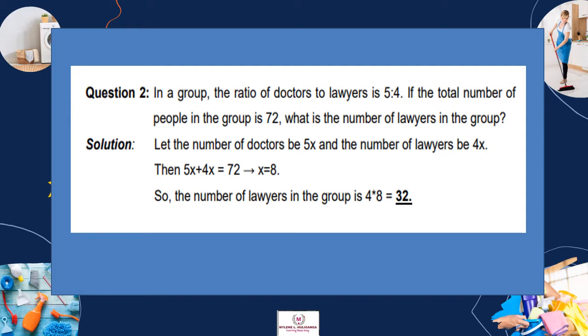Then, 5x, the number of doctors, plus 4x, the number of lawyers, is equal to 72. x is equal to 8. So, the number of lawyers in the group is 4 times 8, which is equal to 32.